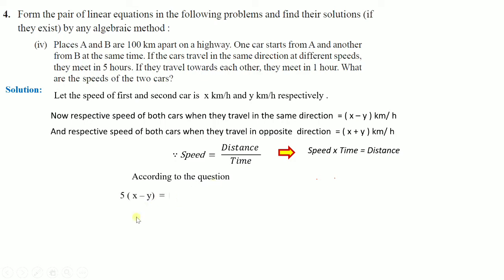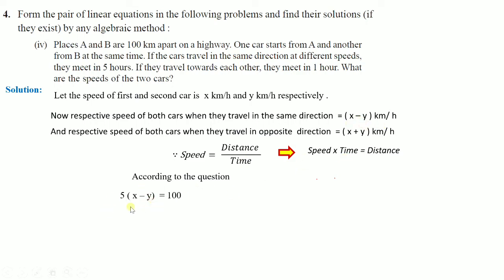What is it according to the question? I'll explain. This is the time, 5 hours, for them to meet. If the cars travel in the same direction, the respective speed will be x minus y.